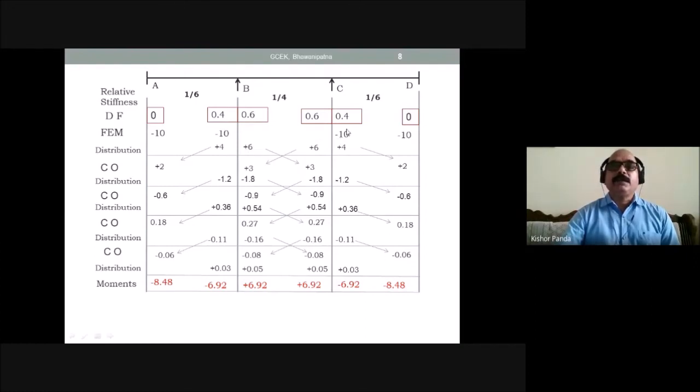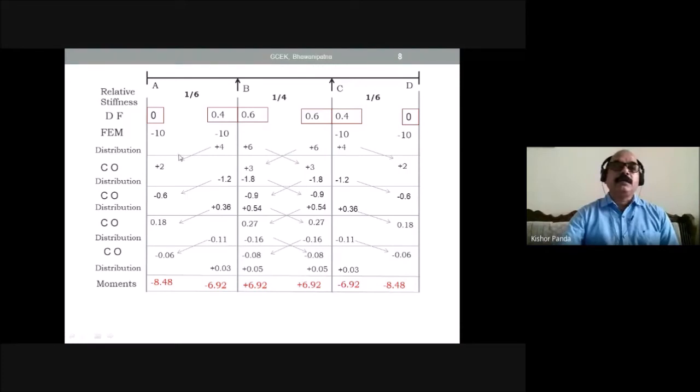Similarly, at joint C the moment is minus 10, and you distribute it by multiplying with the distribution factor: 10 into 0.6 is 6, 10 into 0.4 is 4. Opposite sign you have to balance. And minus 10 into 0 is 0. So this is the distributing or balancing of the moment.